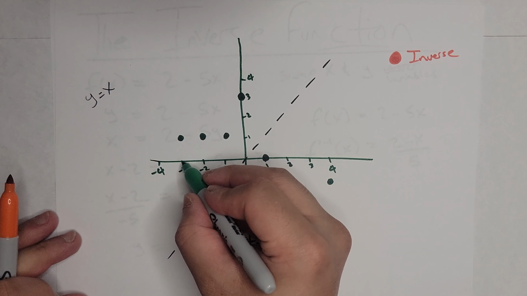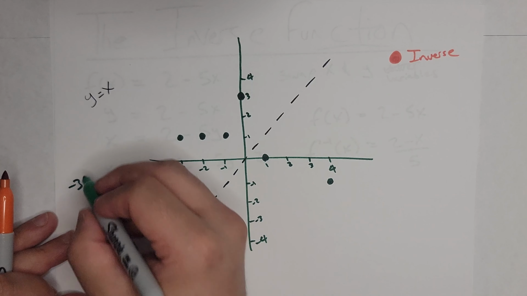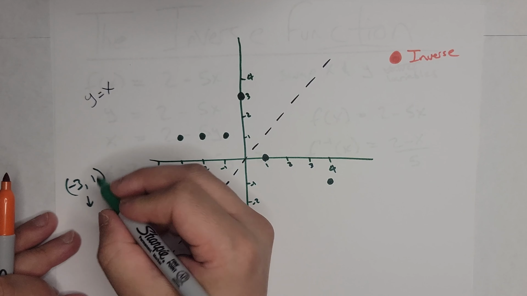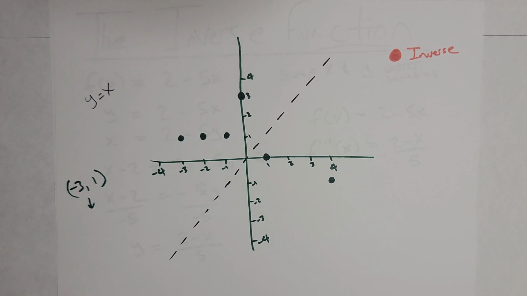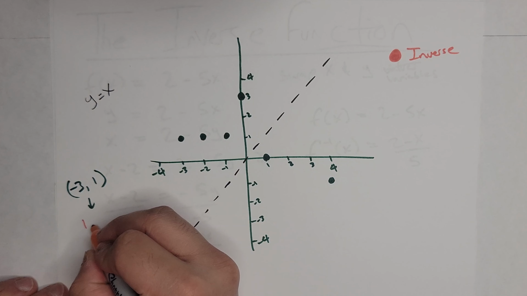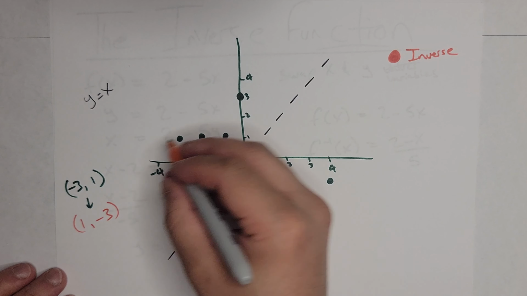If we had this point, -3 comma 1, this will become 1 comma -3, and same with all of them.